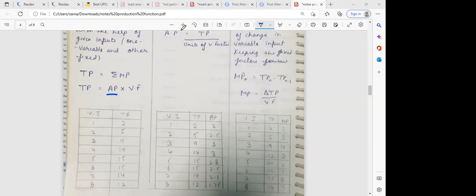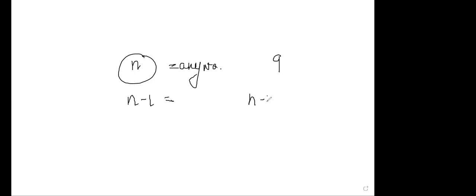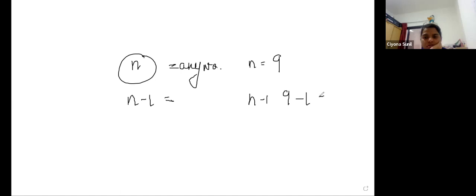See, for example, over here I just gave you one number. N can be any number, and N minus 1 is the number before it. Whatever number it is, you have to subtract 1. For example, N is 9. Then what will N minus 1 be? 9 minus 1? 8.